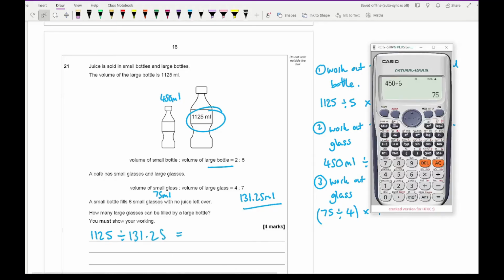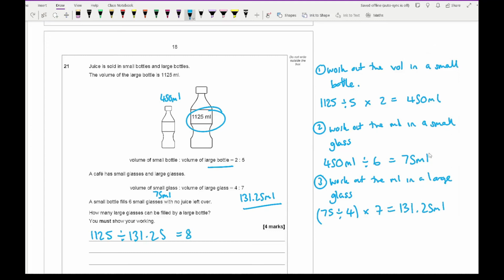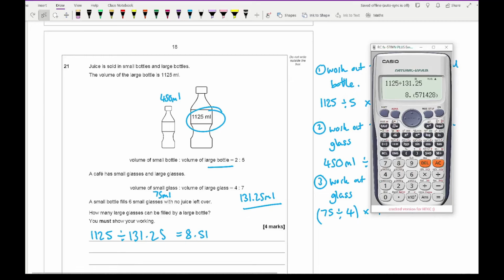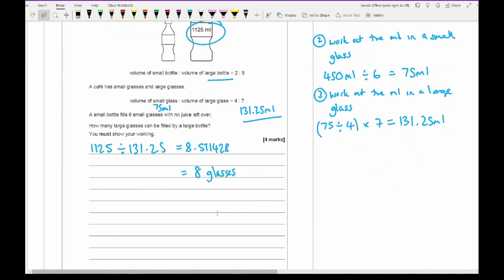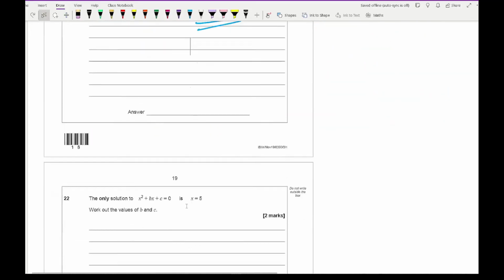And if I type that into my calculator, it gives me an answer of around 8.57. So it works out to be 8 glasses, because obviously you don't want to go to a bar and order a fraction of a glass. So our final answer is 8 glasses.